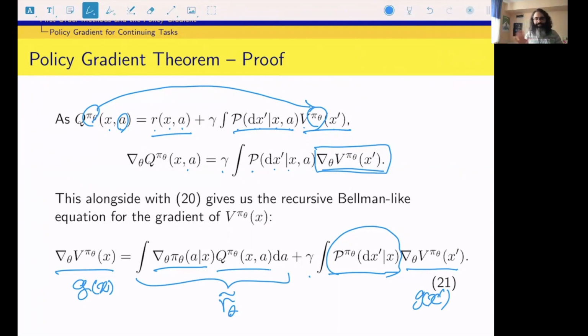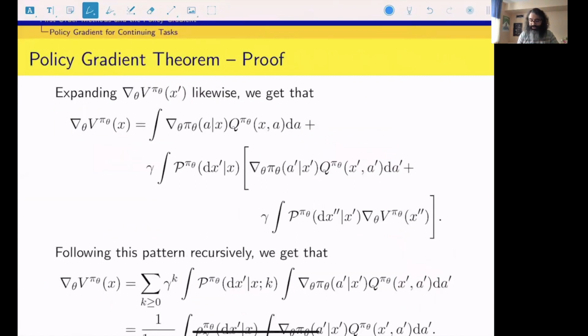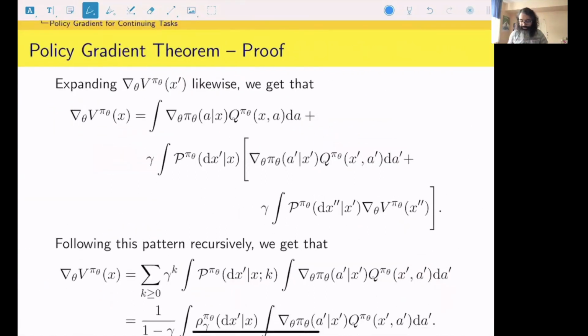So we have this kind of Bellman equation again for the policy gradient at each point x. I mean, for the policy gradient we don't use this Bellman equation much, we just expand it. I'm not sure if people use this as a Bellman equation or not. I haven't seen it, maybe they do, but I just missed it. But we have this Bellman equation for the state-wise policy gradient.